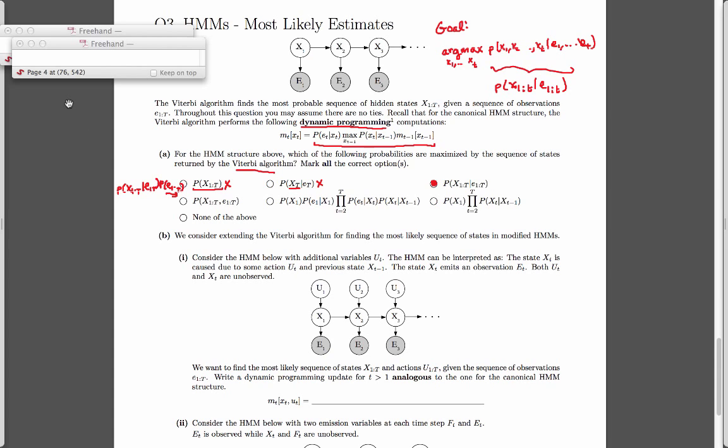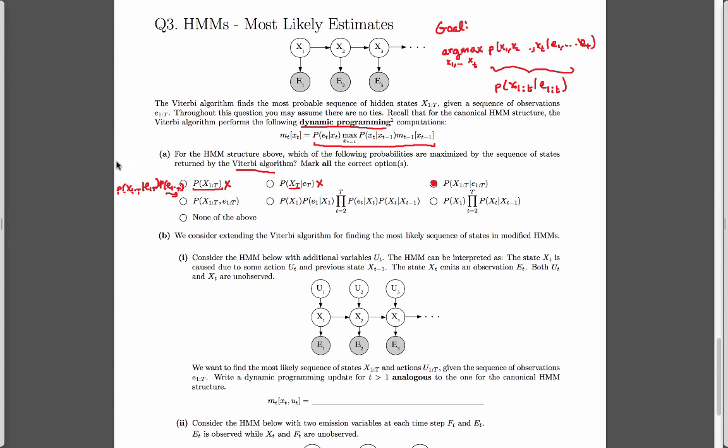So that means that, because the probability of your evidence is a constant, this expression is proportional to the probability of x_1 through t given e_1 through t. So therefore maximizing this quantity is the same as maximizing this quantity. And so this answer is also correct.